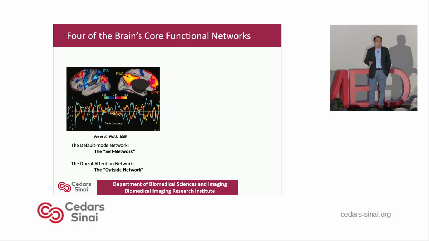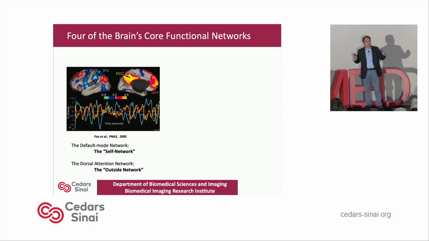That's natural for us. If you are immersed in your own thought, it's hard for you to pay attention to the external stimuli, right? You would think there's also going to need some kind of regulator or judge between these two networks for you to selectively pay attention, right?